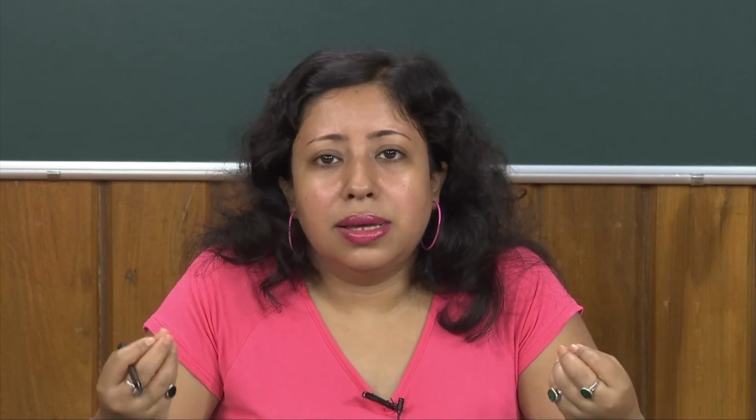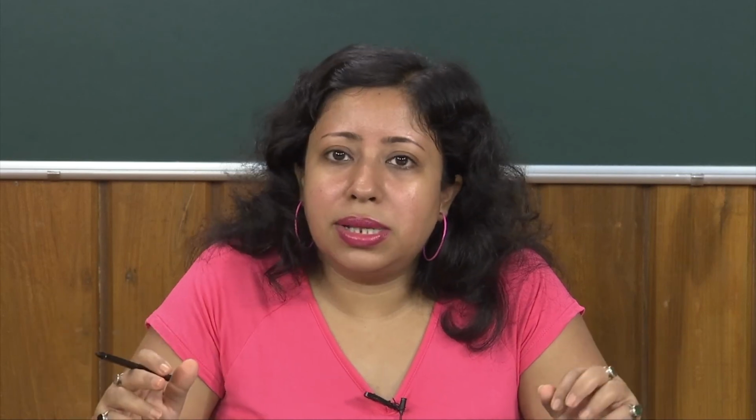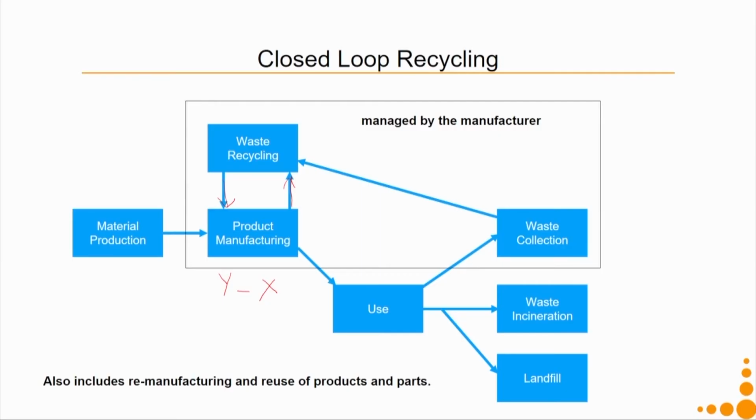The manufacturer wants to still retain the air conditioner outer covering, but by changing certain internal components can refurbish the air conditioner again into a more efficient air conditioner. So, those are contexts in which I am remanufacturing certain parts, or reusing the products or parts of it. When it is done by the same manufacturer, then we call it closed loop recycling.